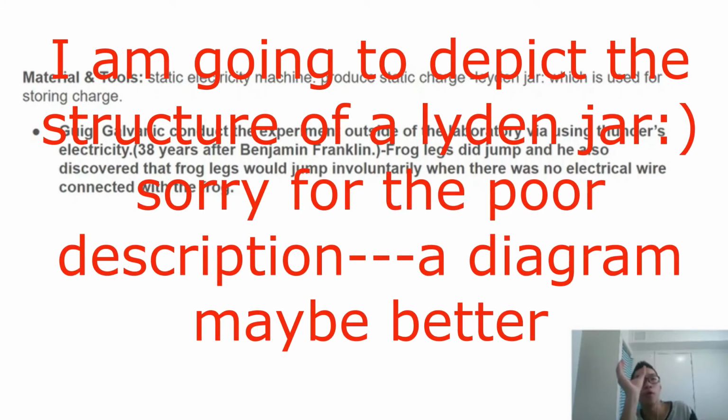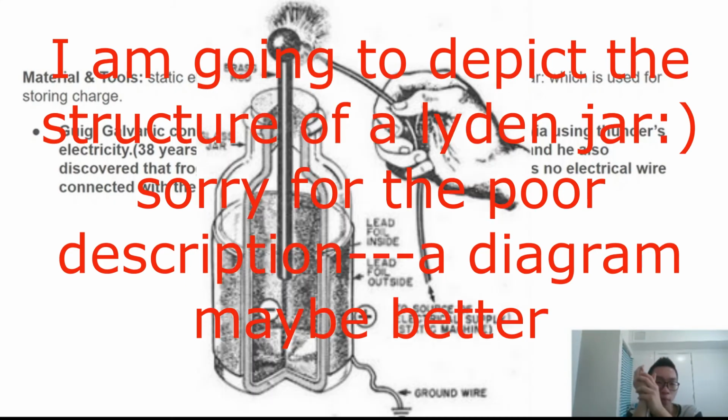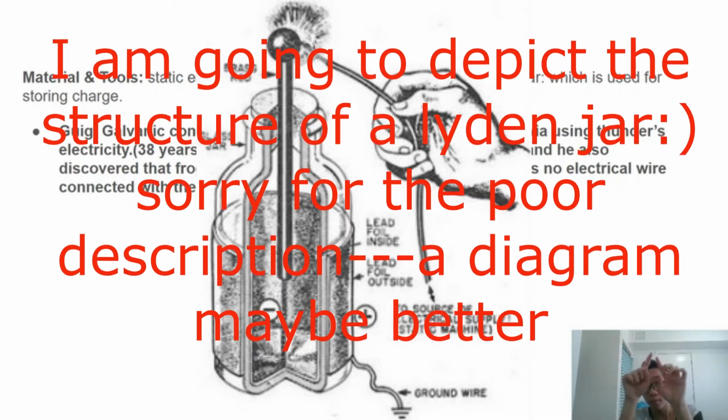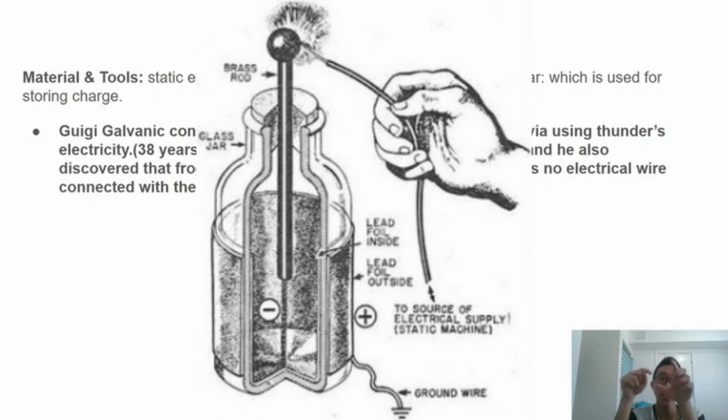It consists of a bottle with some aluminum foil outside of the bottle, and tape on the top, connected with metal wires, and when the static charge hits the electrical wire, the electricity will be stored in the jar temporarily.